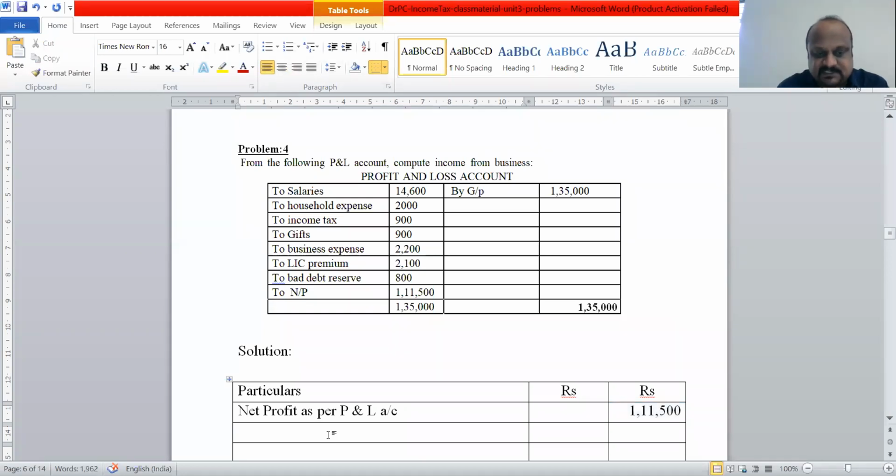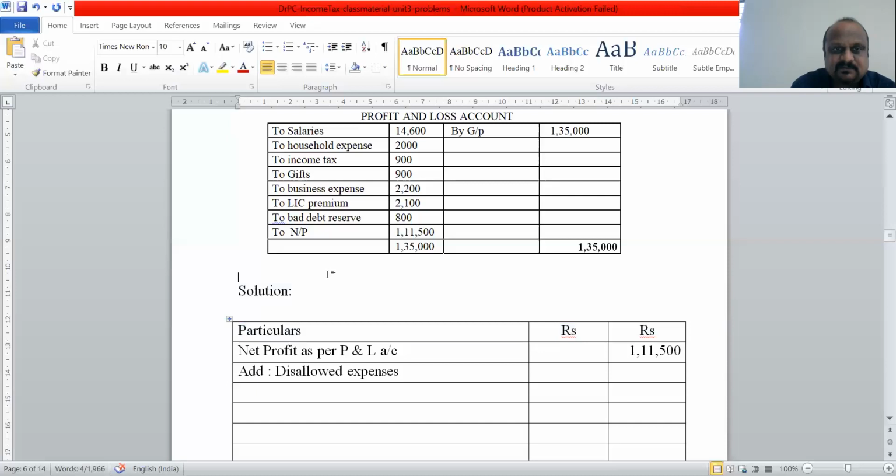So as we did in the last problem, we have to add back disallowed expenses. We have to go on finding which expenses are disallowed. The expenses are on the left hand side here, so we have to go on checking which are all disallowed.